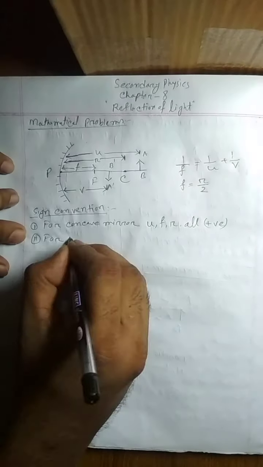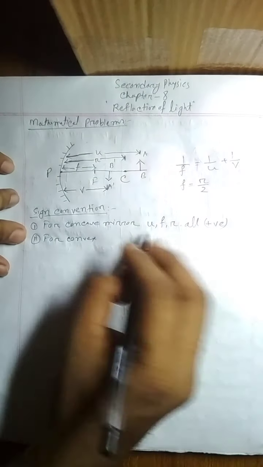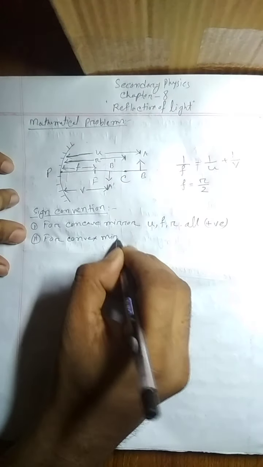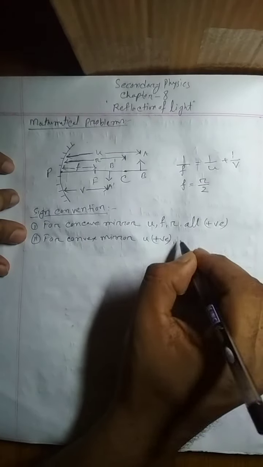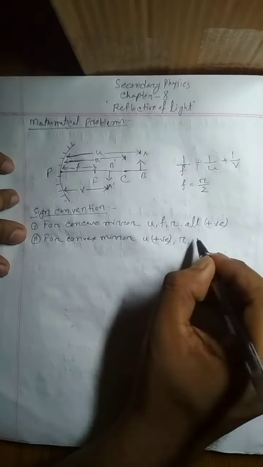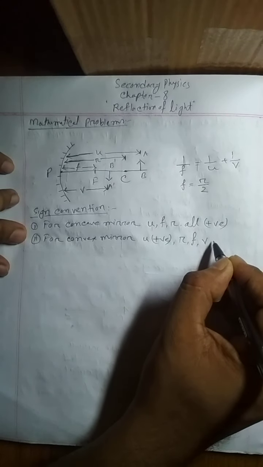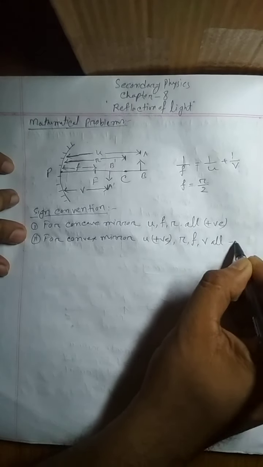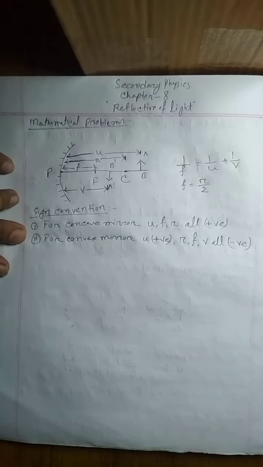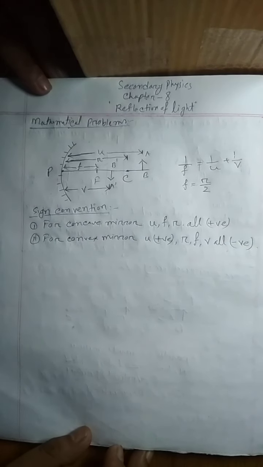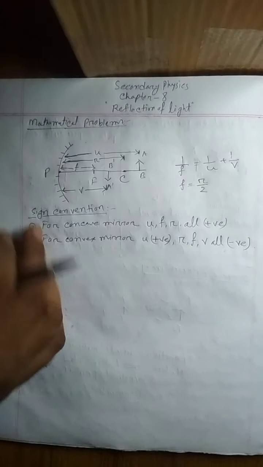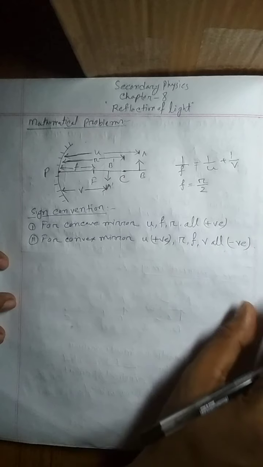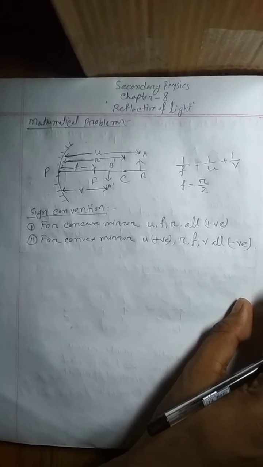For a convex mirror, u is positive, and r, f, v are all negative. So we should remember and maintain the sign convention very strictly.